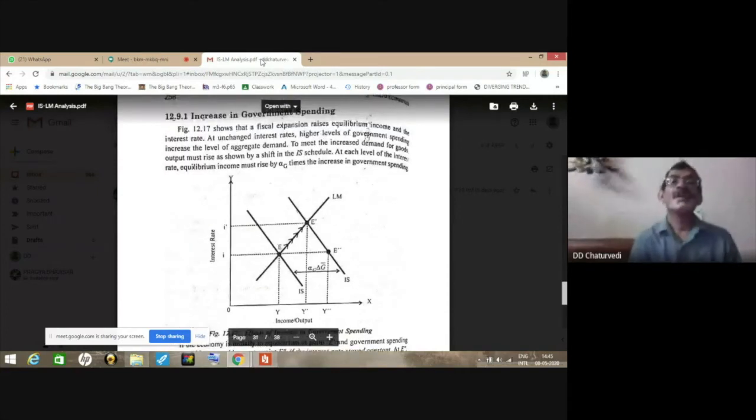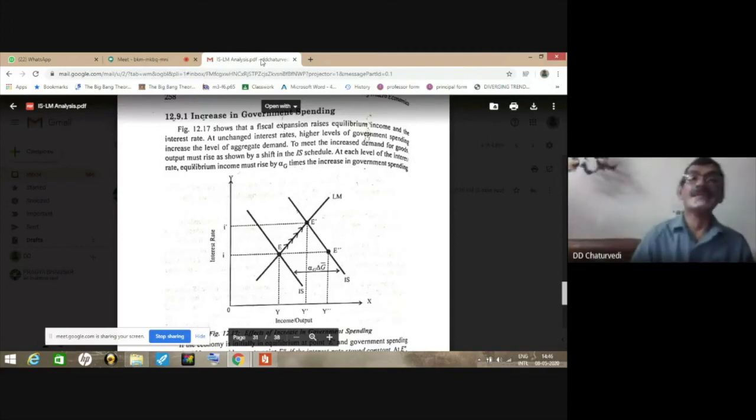So, at unchanged interest rate, that is OI in this figure, a higher level of government spending increases the level of aggregate demand from OY to OY double dash. But to meet the increased demand for goods, output must rise, and the output rise is shown by a shift in the IS curve.